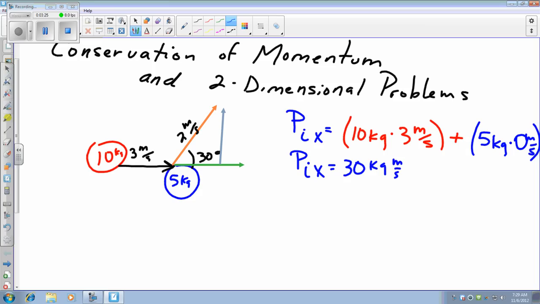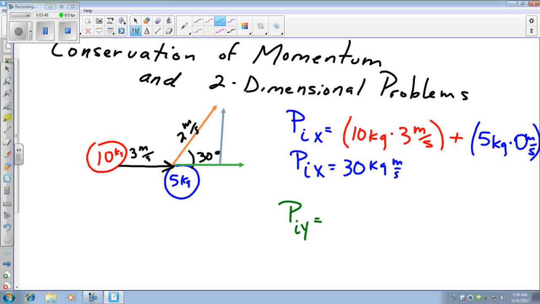All right, well, let's find the initial momentum in the Y direction. Good news. Our 5 kilogram ball is not moving, and our 10 kilogram ball only has motion in the X direction.